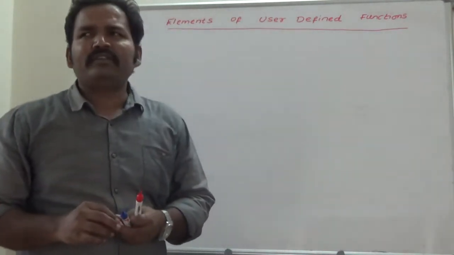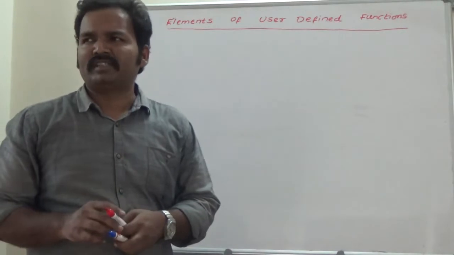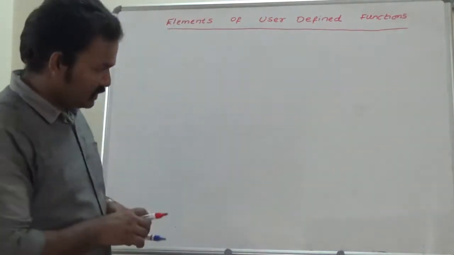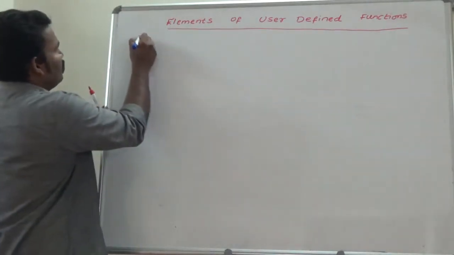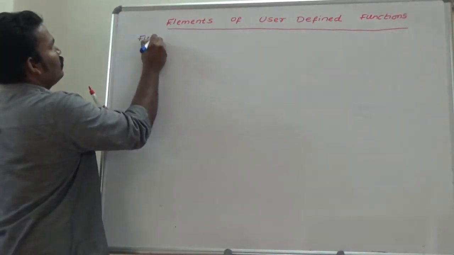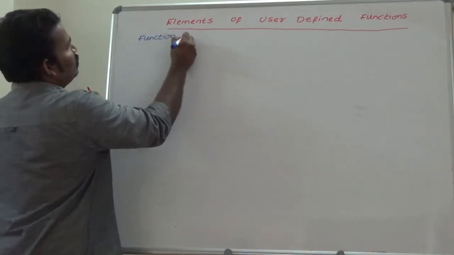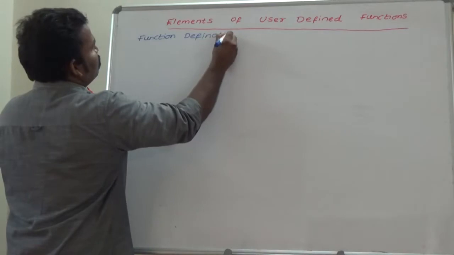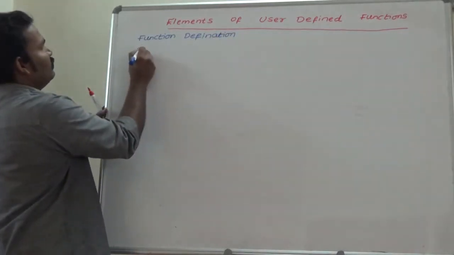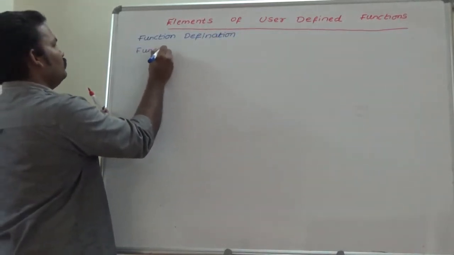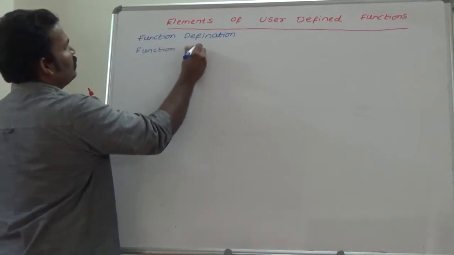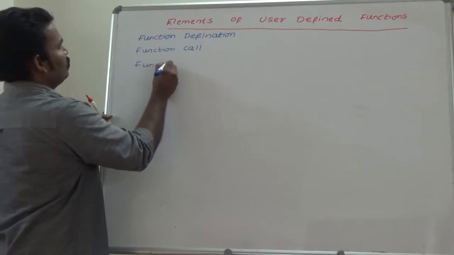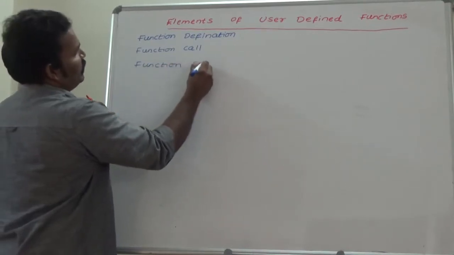User defined functions have three elements. So what are the three elements? First one, function definition, function call, function declaration.